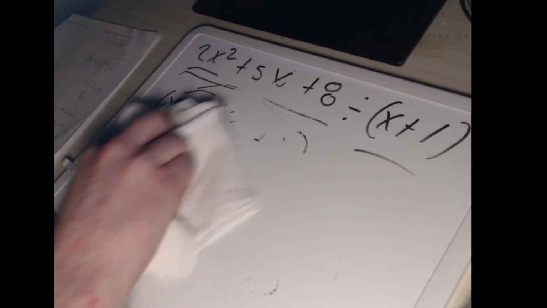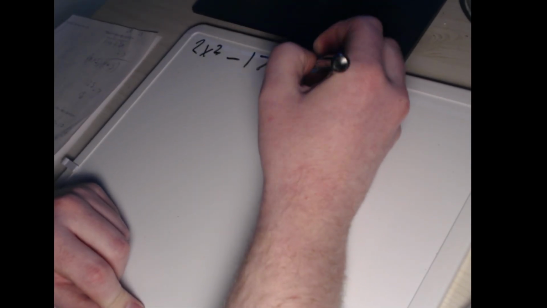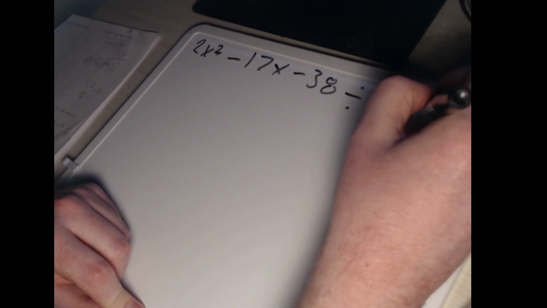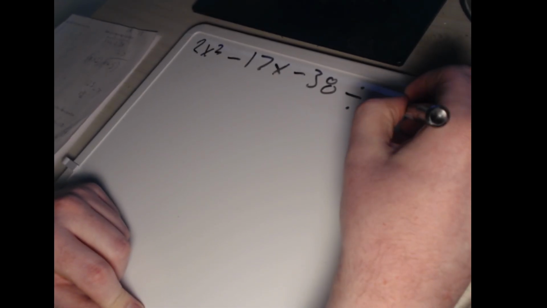But let's go over that last one here, because this is the last one I tested to see. Twice doesn't mean it's necessarily a pattern, but this is the one where I was really confident about it. We got 2x squared minus 17x minus 38 divided by 2x plus 3, right?